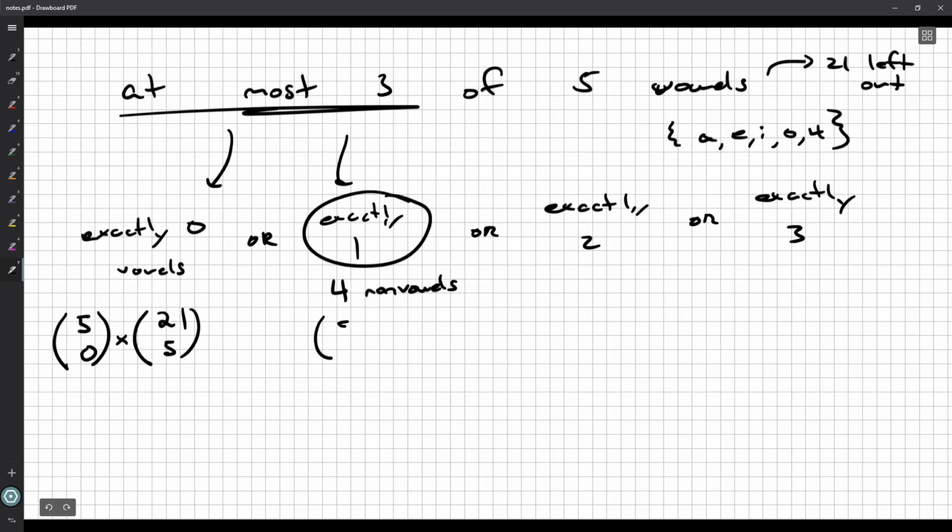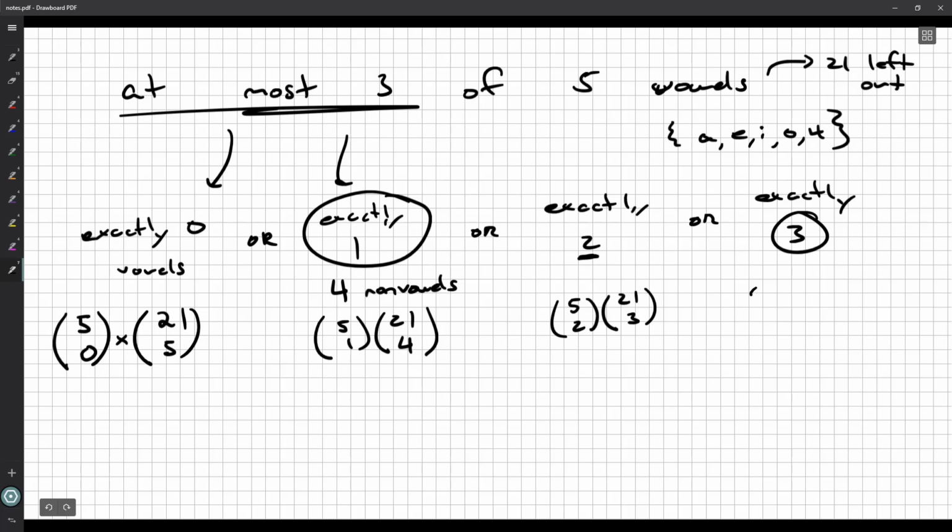So I pick 1 out of my 5 vowels, 5 choose 1, and then of the 21 non-vowels, I have to pick 4 of them, and these letters will all go into my new set. If I've got 2 vowels, how many non-vowels will I have in my set? 3. So I pick 3 of the 21 non-vowels to add to my set.